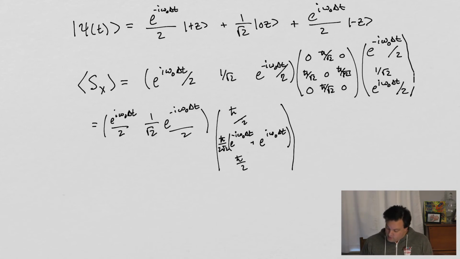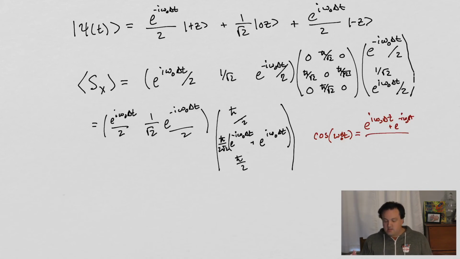But cosine omega naught t is equal to e to the i omega naught delta t plus e to the minus i omega naught delta t over 2. And so I can see that I'm getting these fun transcendental functions out of doing this matrix multiplication. So let me just finish this.